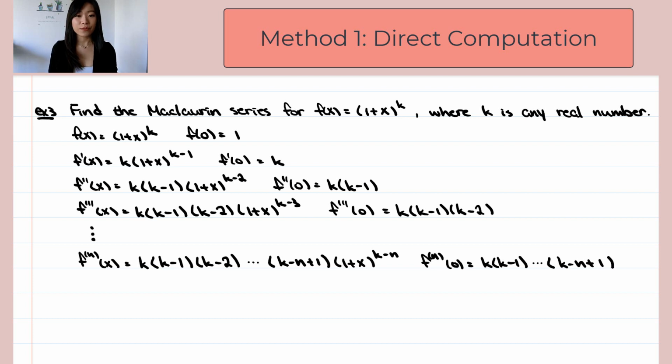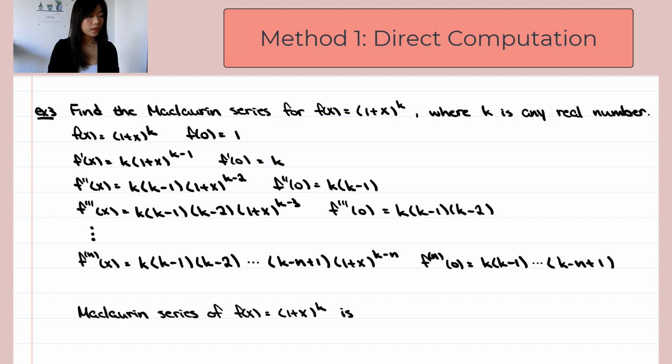Now using the pattern we found, let's write out the Maclaurin series for the function. The general form for the Maclaurin series is the sum for n starting from 0 of the nth derivative evaluated at 0 divided by n factorial, then times x to the power of n. So using the pattern we found, it equals the sum for n starting from 0.